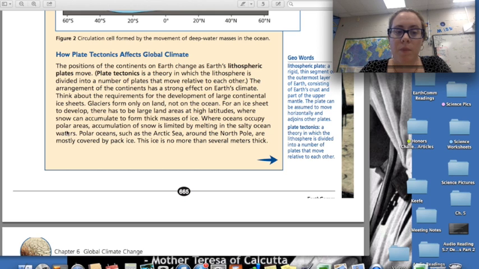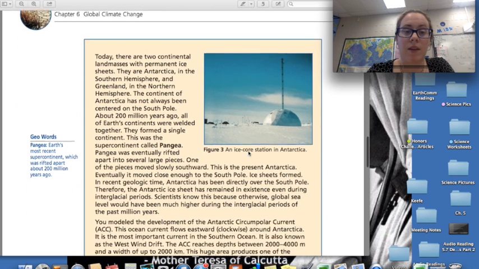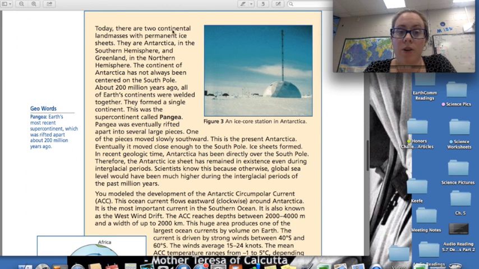Where the oceans occupy polar areas, accumulation of snow is limited. There just isn't as much of it by melting in the salty ocean waters. Polar oceans, such as the Arctic Sea around the North Pole, are mostly covered by pack ice. This ice is no more than several meters thick.